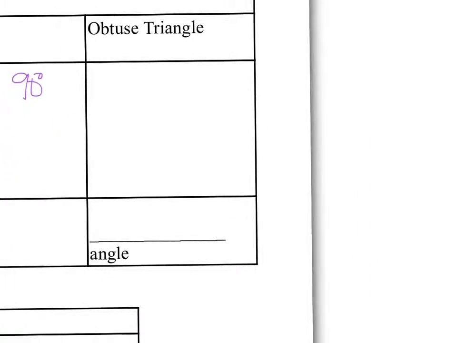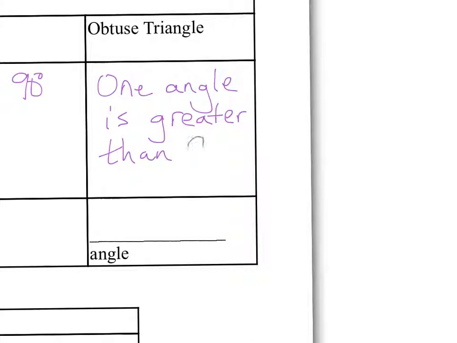Obtuse triangle. One angle is greater than 90 degrees. So it has one obtuse angle.